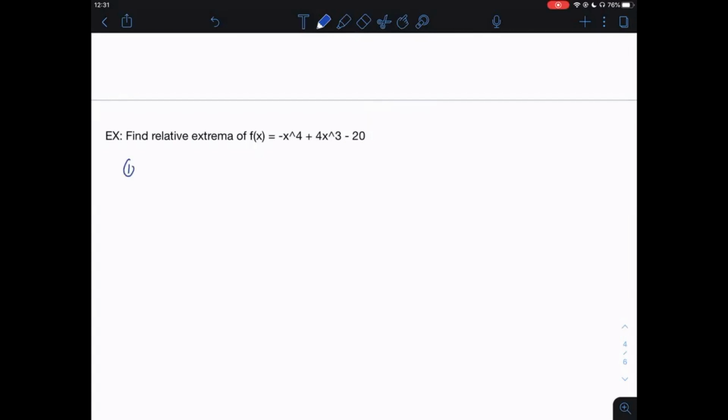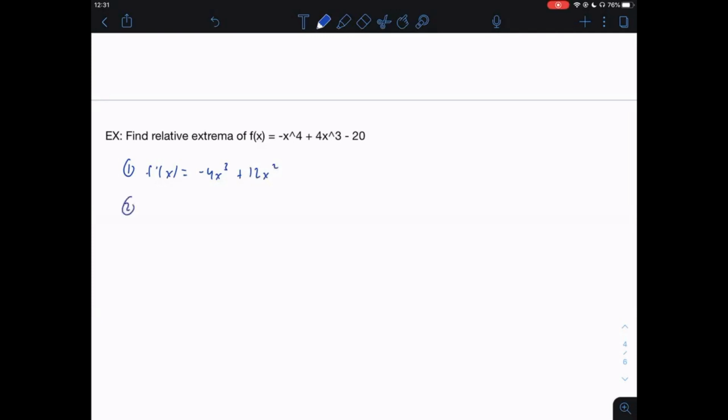So first step, find the first derivative of this function, f prime of x, which in our case, derivative of -x to the fourth will be -4x cubed plus derivative of 4x cubed is 12x squared.